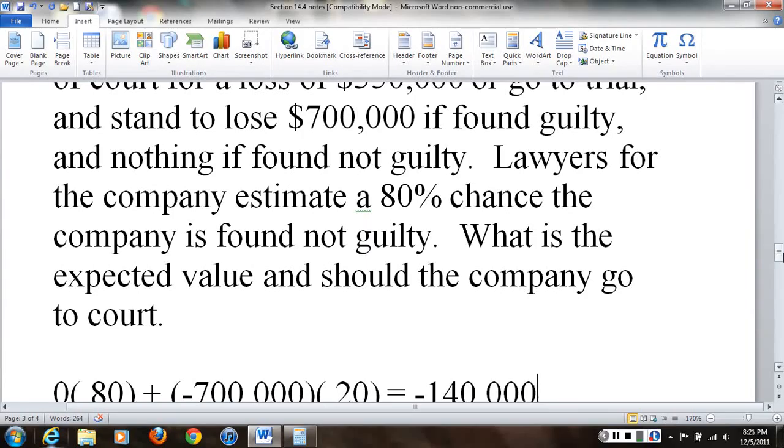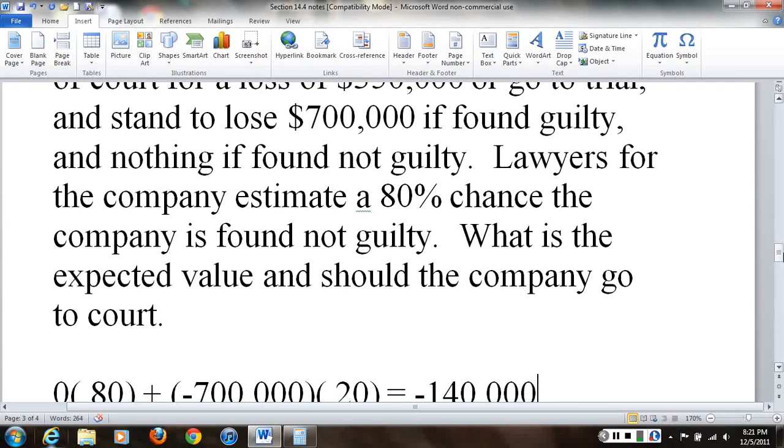It's not necessarily a concrete right or wrong answer. It's obviously the expected value is the number that I'm looking for. But sometimes, to answer the second part of that question, should the company go to court, what I look for on a test or quiz is, what is your opinion based on the numbers? Because oftentimes it's not a clear-cut yes or no. Sometimes it can be questionable.